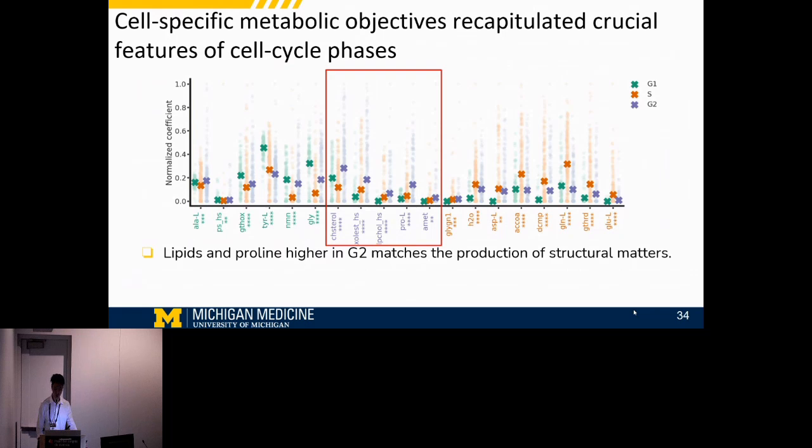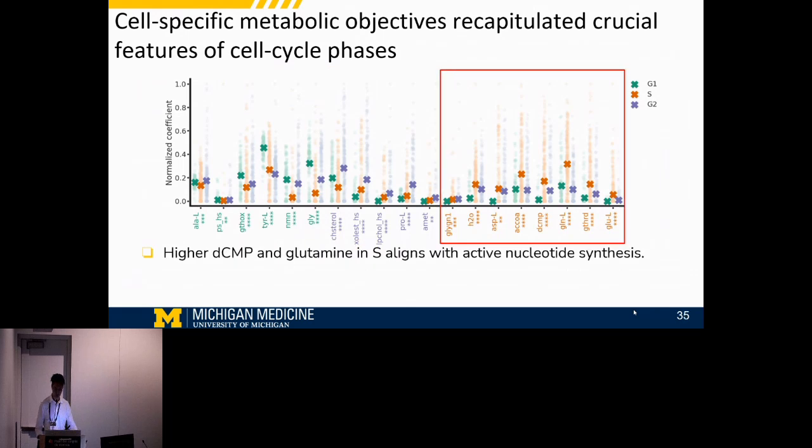And G2 alternatively has significantly higher coefficients of lipids and proline, which are all related to structure and fatty acids. And likewise, we know that G2 is in charge of synthesizing cell membrane and structural metabolites or biomaterial. And lastly, we know that DNA synthesis and replication are active in S phase.